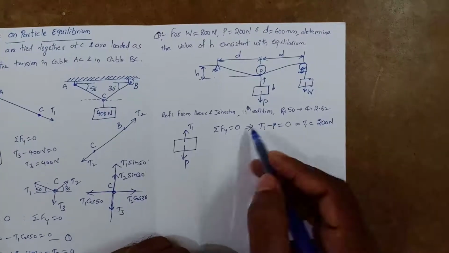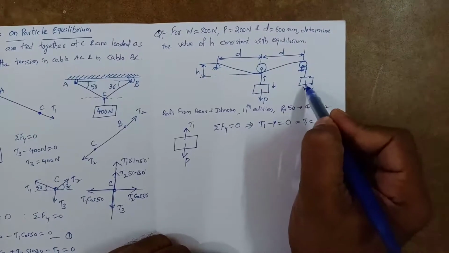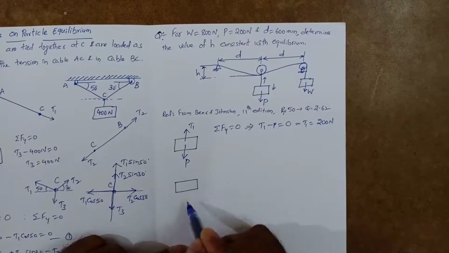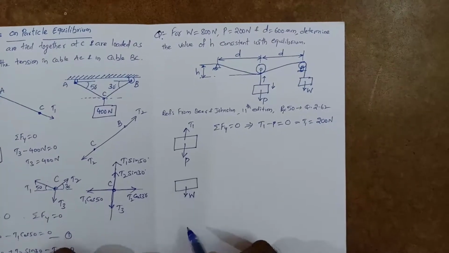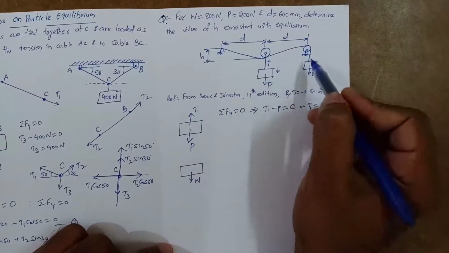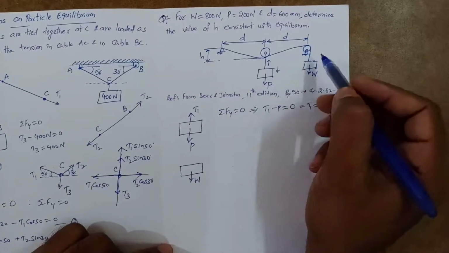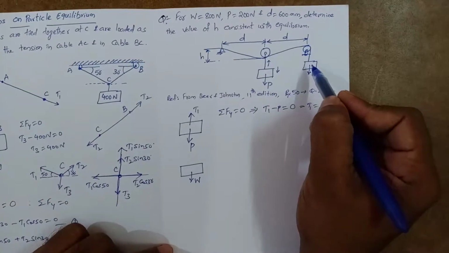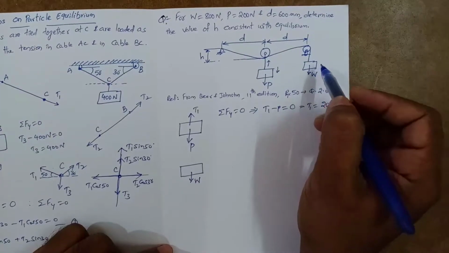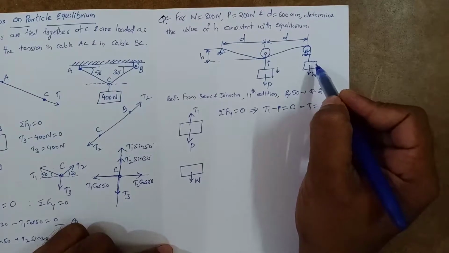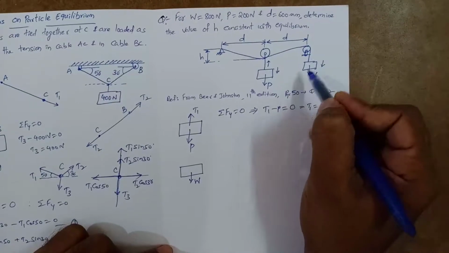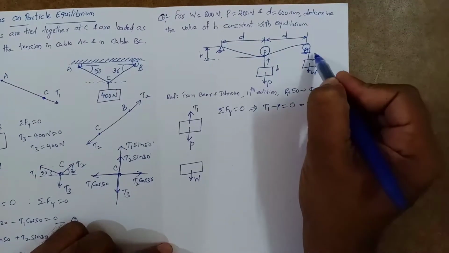Now let us draw the free body diagram for this body with weight W. Again, W is acting vertically downward, and we assumed that the tension in this cable is T. Now remove this cable and show the force exerted by the cable on the body. The body will pull this cable downward, and at the same time the cable will pull this body upward.